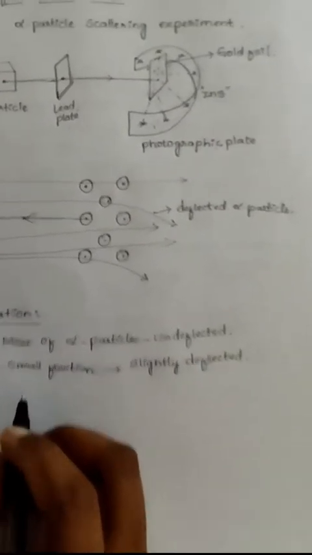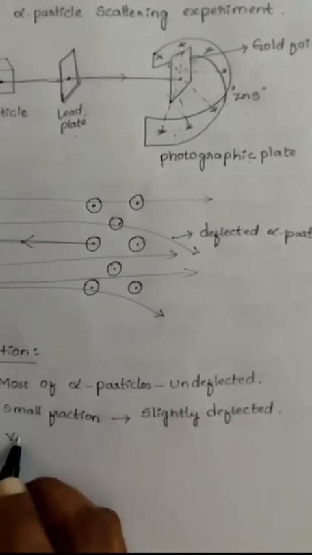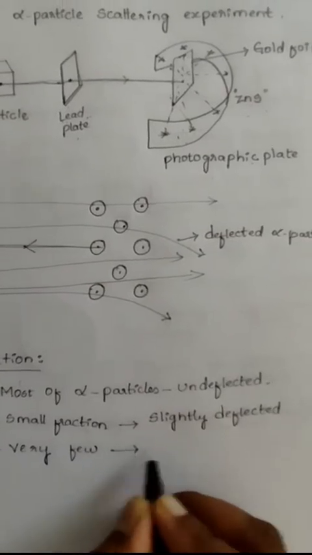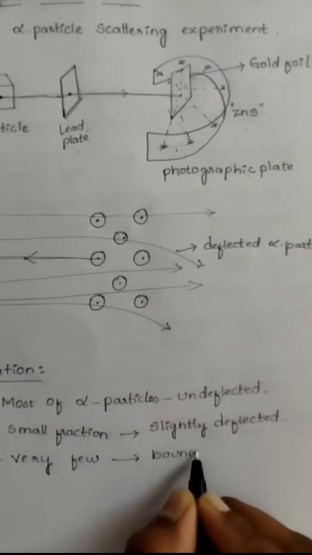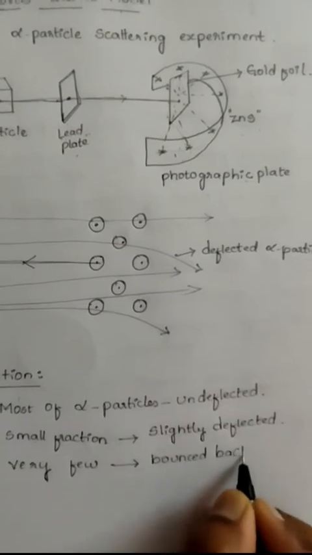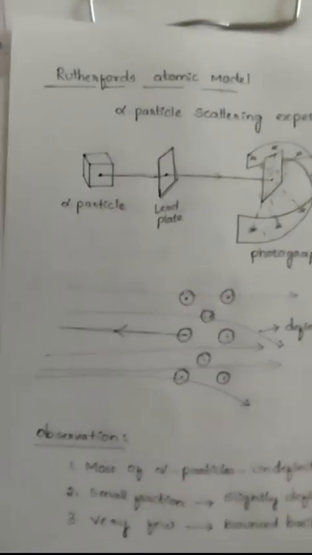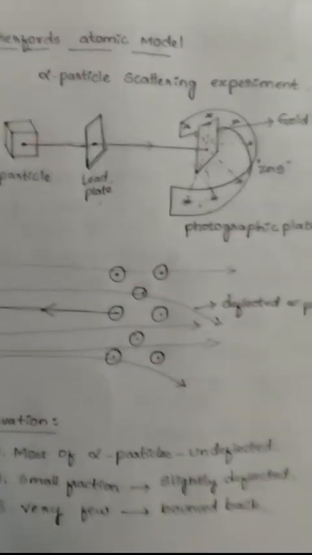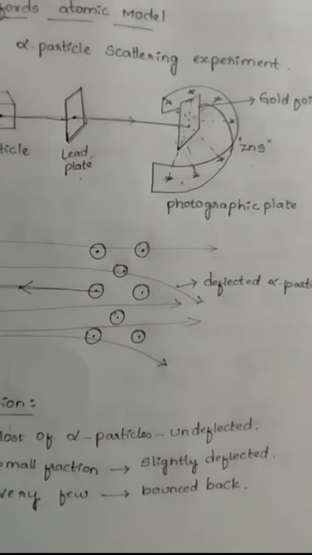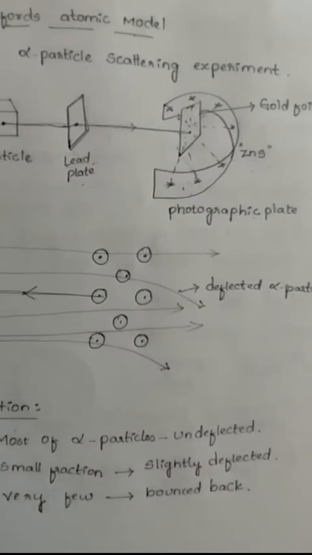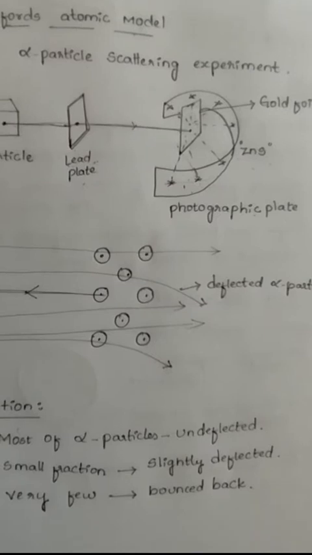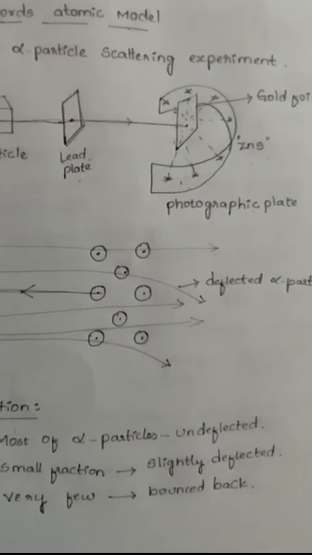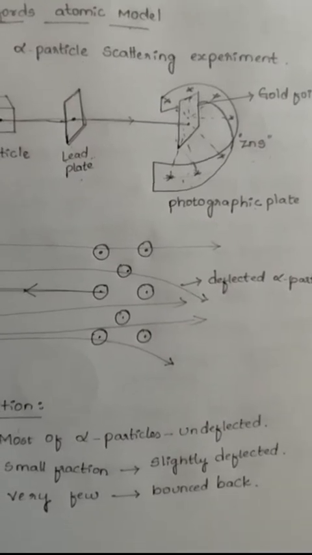And very few are bounced back. See, most of the alpha particles are undeflected. If nothing is there in their path, they will not be deviated or slowed down. So this is what happened. Most of the alpha particles are undeflected.